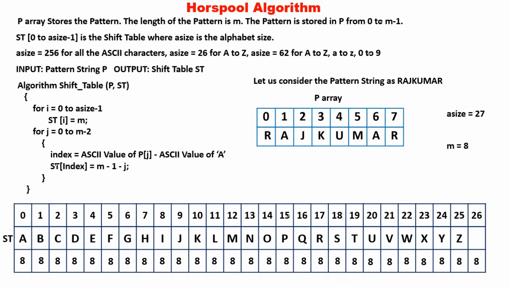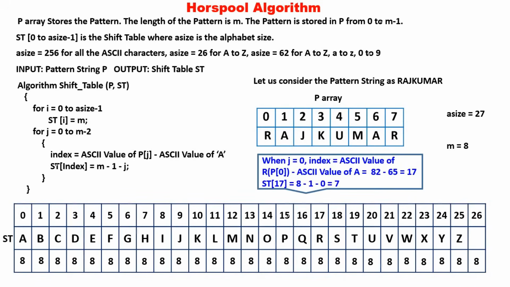Let us slowly understand what happens. When j is equal to 0, index is equal to ASCII value of p of 0. In our case, what is p of 0? R minus ASCII value of A. ASCII value of R minus ASCII value of A, that is 82 minus 65, that is 17.